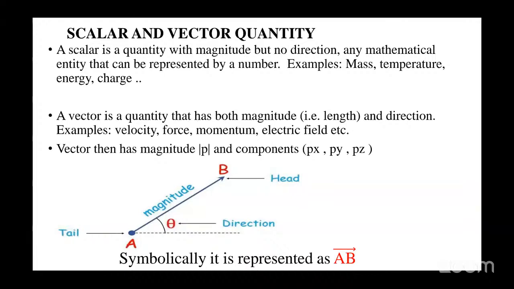So what is a vector quantity? A vector quantity is a quantity that has both magnitude and direction, which means we can represent such quantities with magnitude, that is their size, and direction.